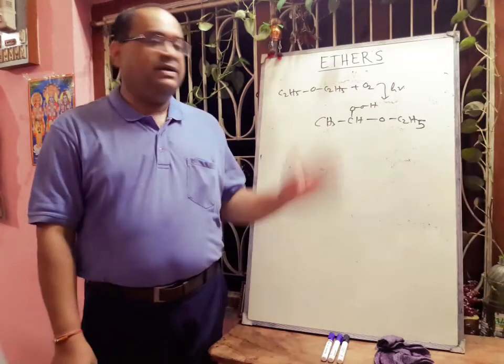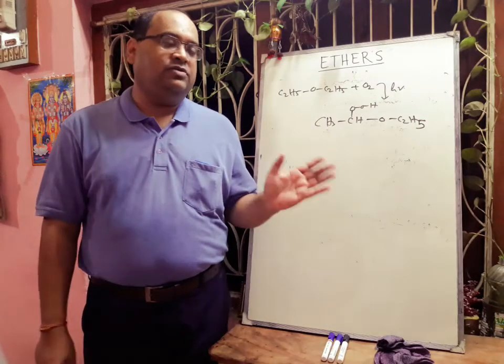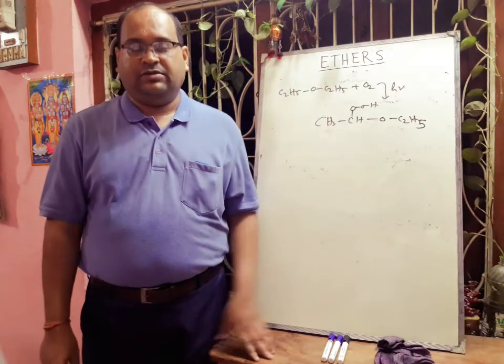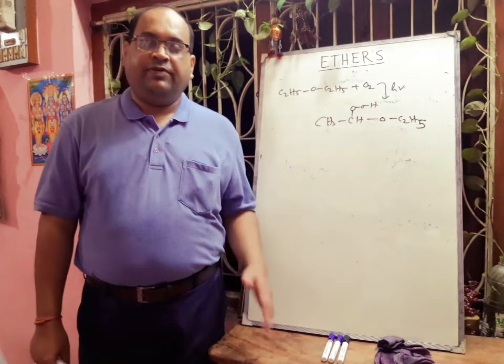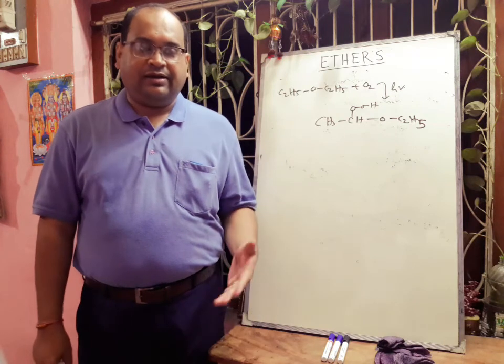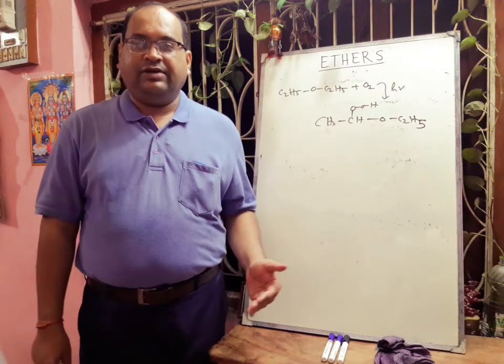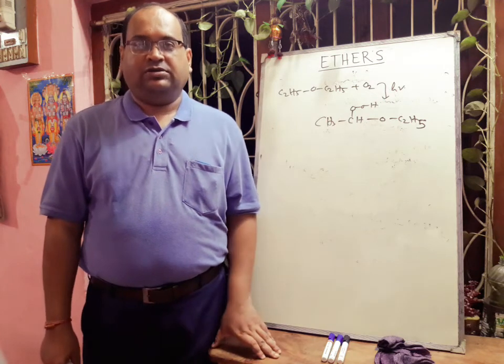And this is very much dangerous, because if we want to distill ether containing peroxide, there may be explosion. So before distilling the old ether or storing for a long time, we have to check whether it is peroxide free or not.